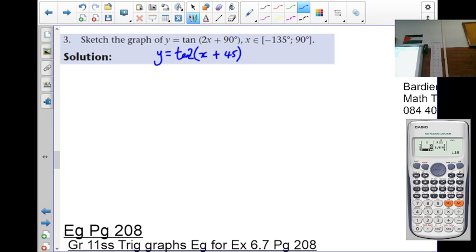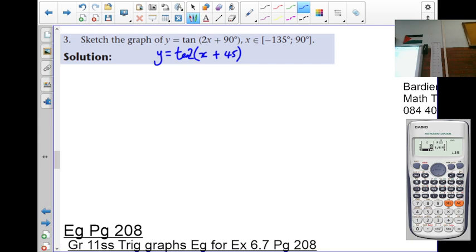But now we have a 2 in front of the x. So 45 divided by 2 is 22.5. Then 22.5 is shifting 45 degrees. So 22.5 minus 45, negative 22.5. Which means to say, the step is going to be 22.5.